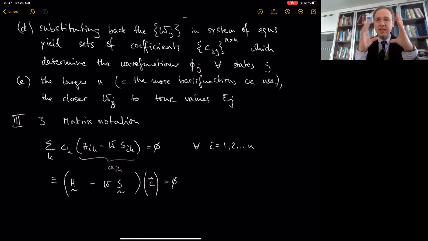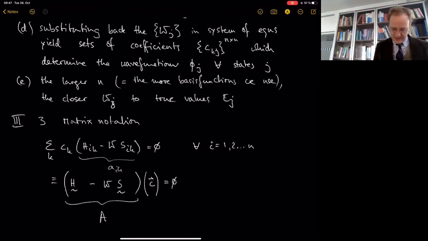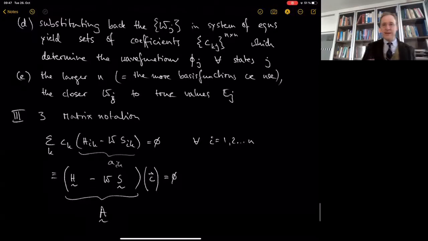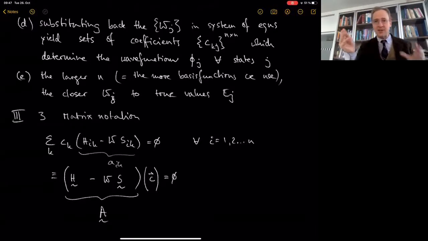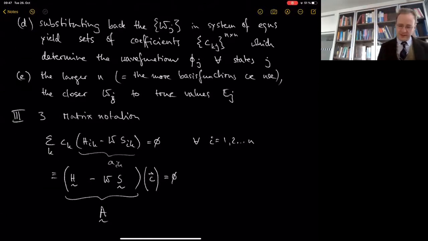Okay. Now, sums or differences of matrices are just matrices again, right? If they have the same number of elements. So you can totally write your A matrix in this way, right? And the W is just a number, so you can put it in front of the matrix, right? So that's what you have here, right?